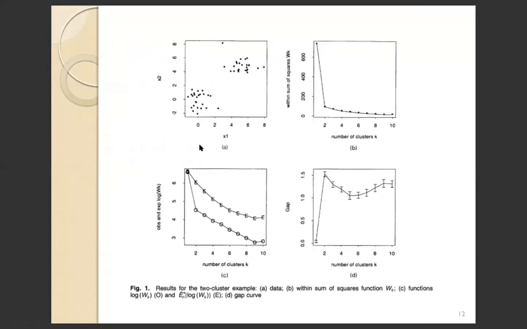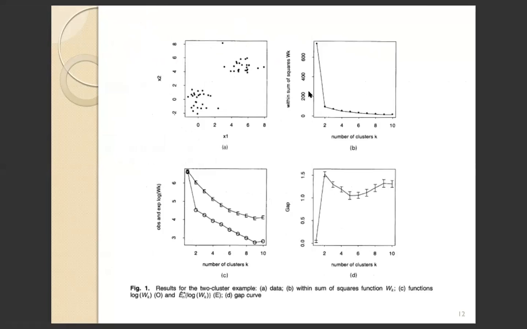Okay, so I show some results. These are some output from the program. This is the distribution, so this is an example. I have data in this space.